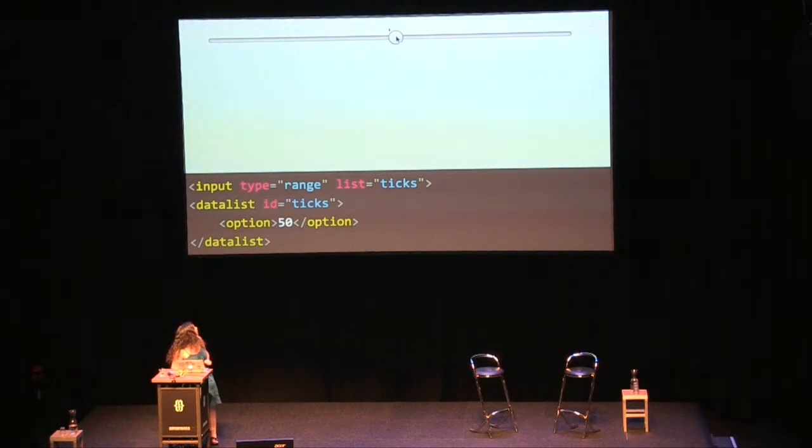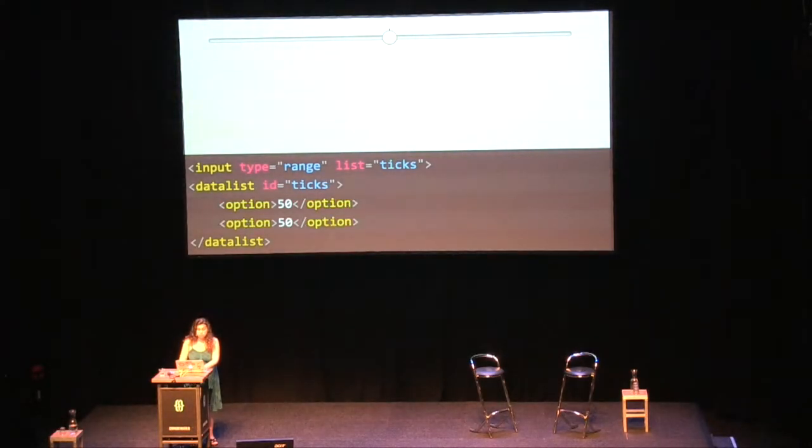I'm not sure if you can see this. It's more like something you can feel, but maybe it's a little bit visible. Like when I'm moving closer to the tick, it snaps to it. And also, I don't have to add ticks at regular intervals. Maybe if a few values are more important, I can just highlight these values by putting ticks there.